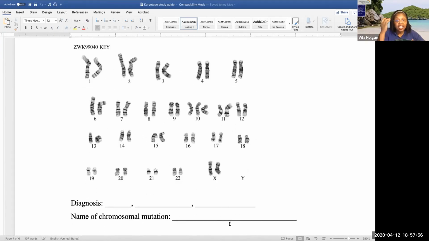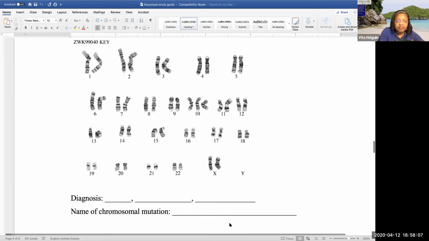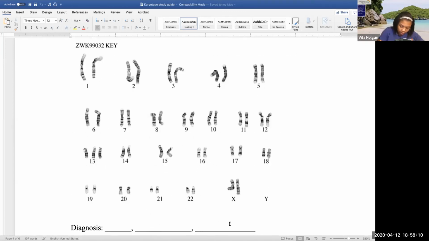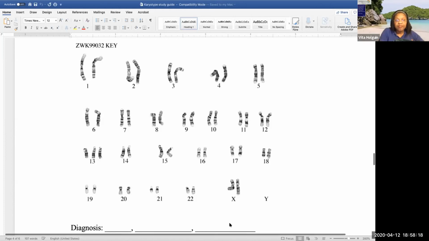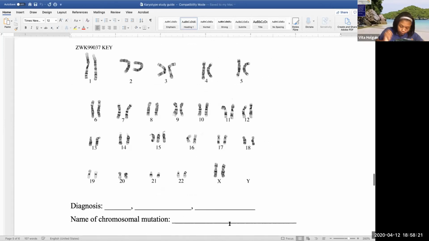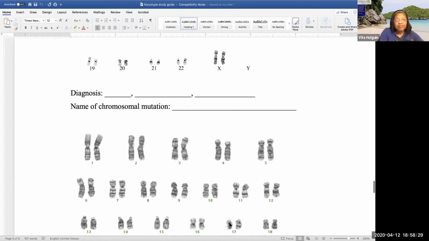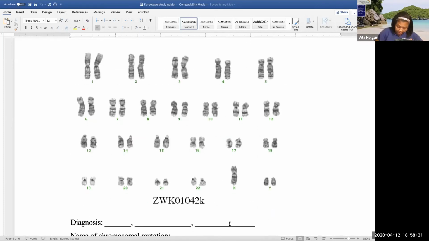This one is number 11. This is number 12. Number 13.